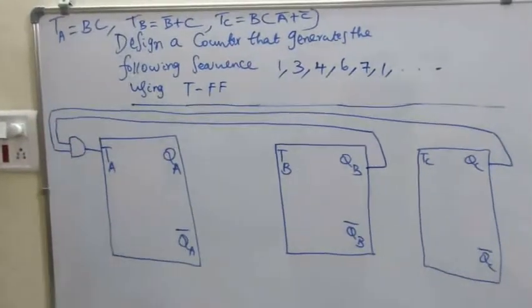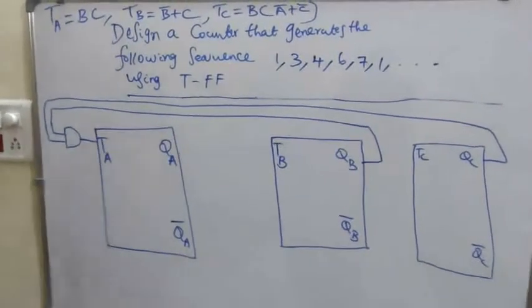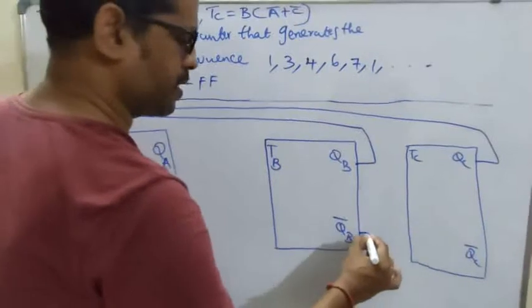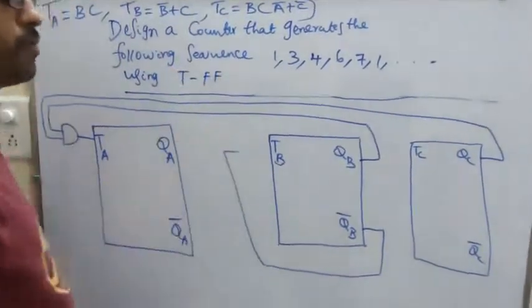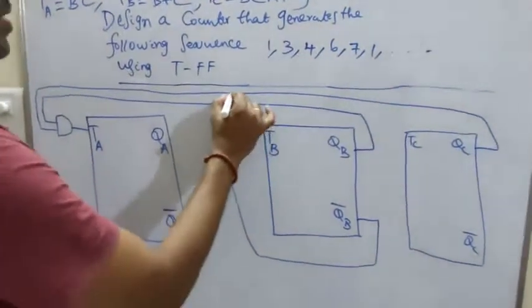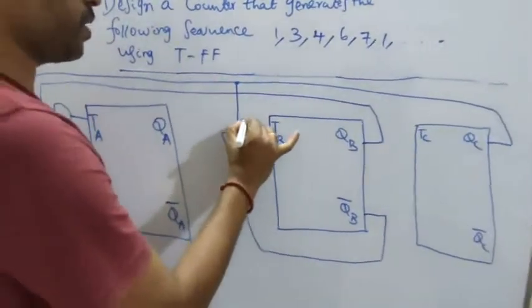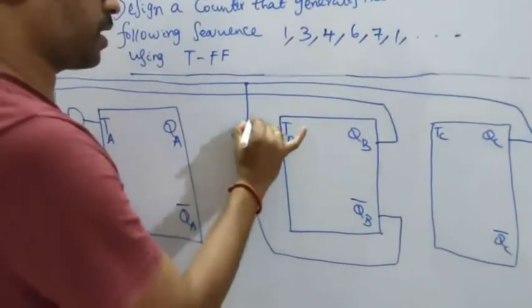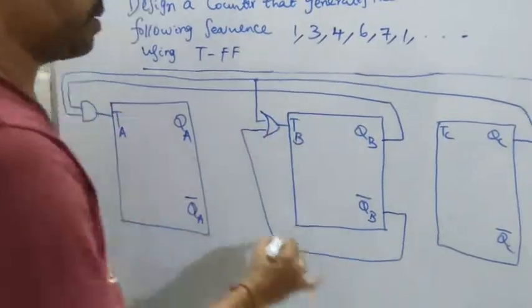This is TA. What is TB? TB is B dash plus C. So B dash means it is taking its own complemented output as one of the inputs. Then C is coming here. Then we have to give it to an OR gate.